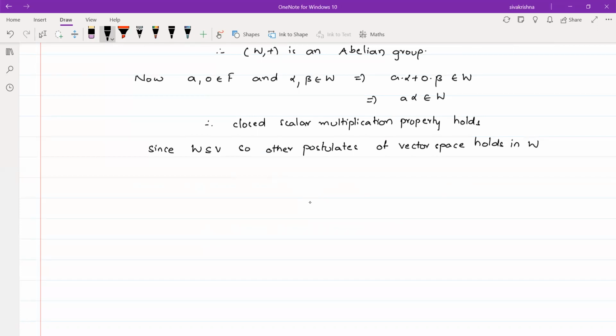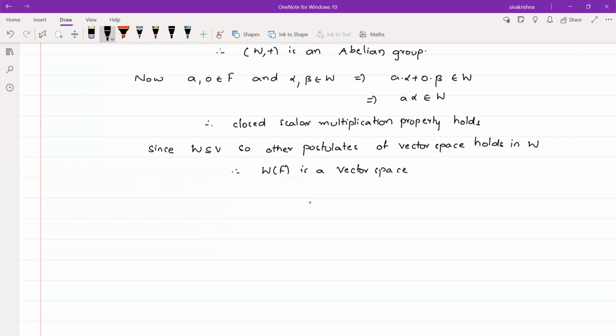We can write directly that those postulates also hold in W. So whenever W comma plus is an abelian group, the closed scalar multiplication property holds, and the postulates hold in W, therefore I am writing that W over F is a vector space.